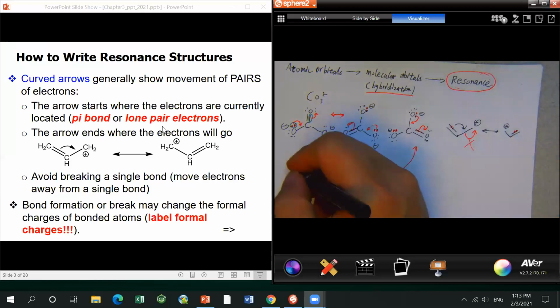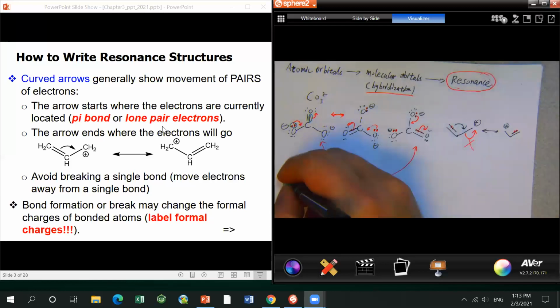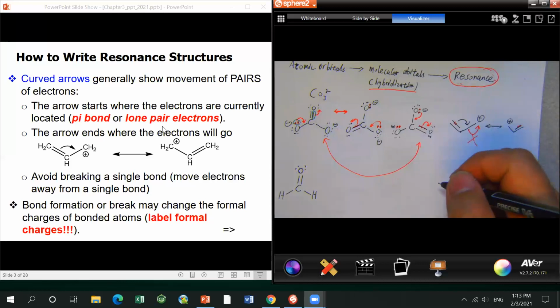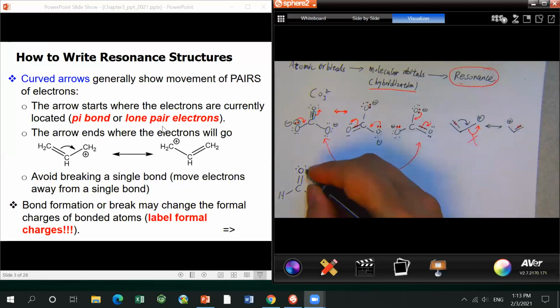Let me give you another example, for this compound.